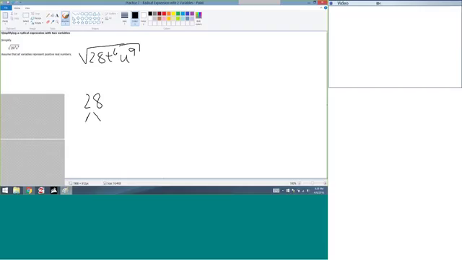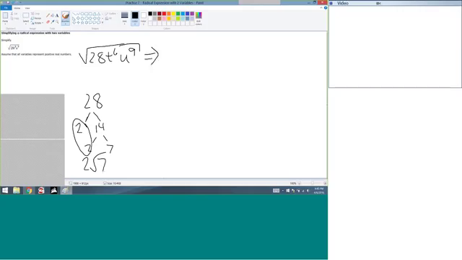So if we were to do the factor tree, we could do this by 2 and 14, 2 and 7, and then we'd have to stop there because 7 is prime and 2 is prime. So you'd have one pair, that's 2 on the outside and the remainder on the inside. So when we factor this, that's what we should end up having.